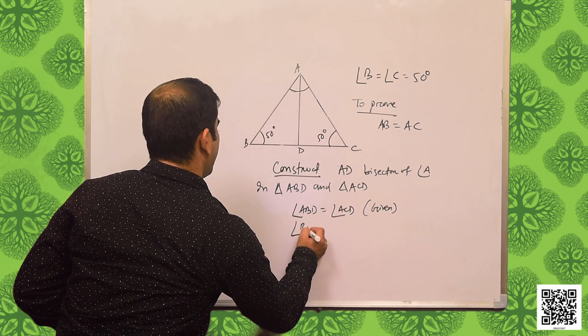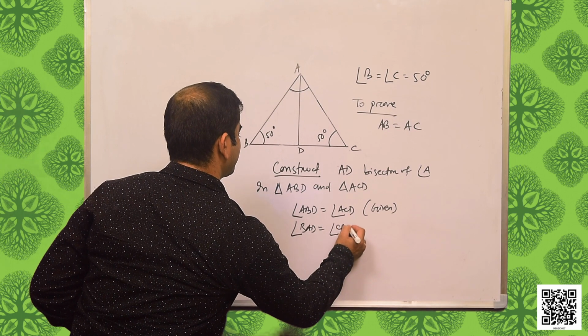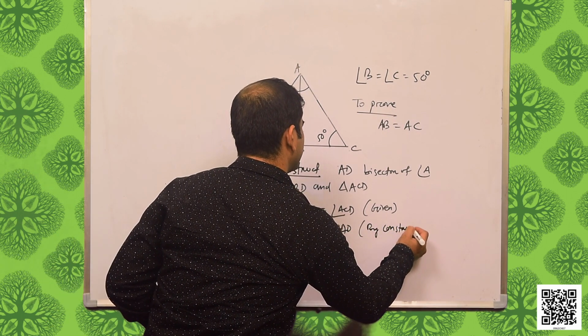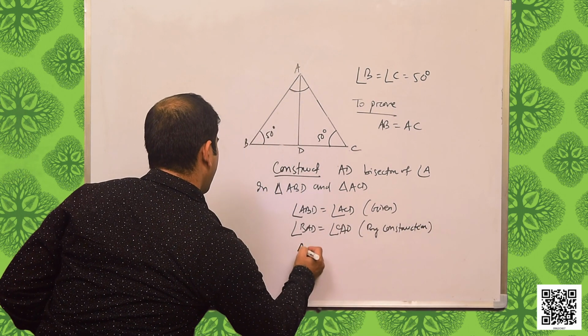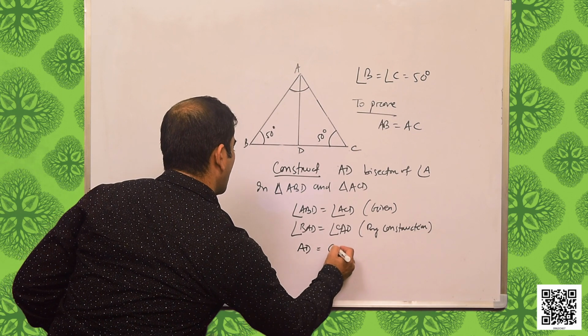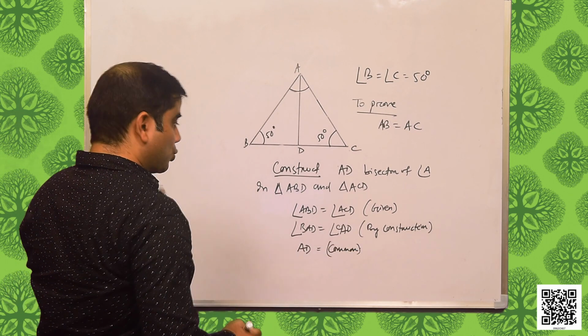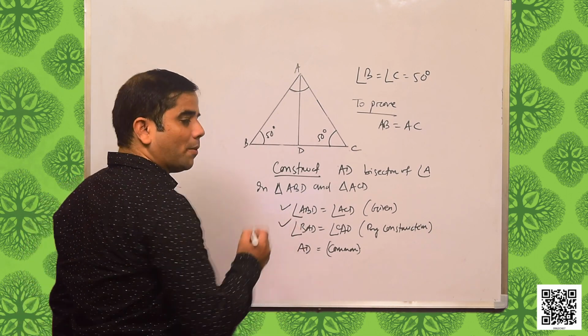Angle BAD is equal to angle CAD, this is by construction. And AD is your common side. So, we have two angles equal to each other and there is a common side.